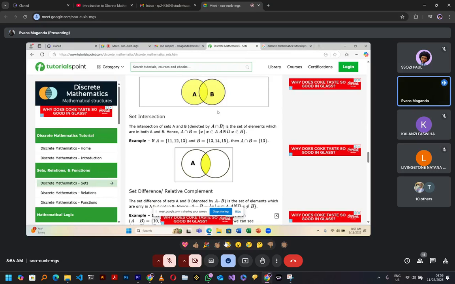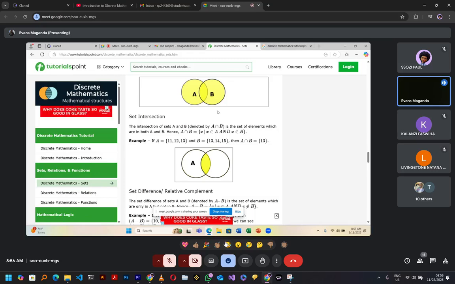Why? Because it's the one element common between A and B. When you look at the elements here, you're looking for the element that is common between the two.